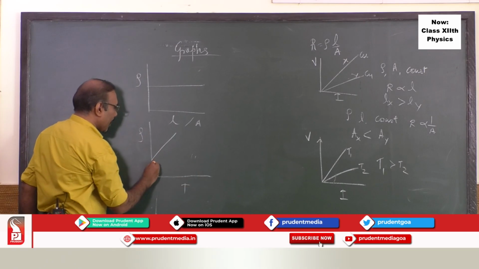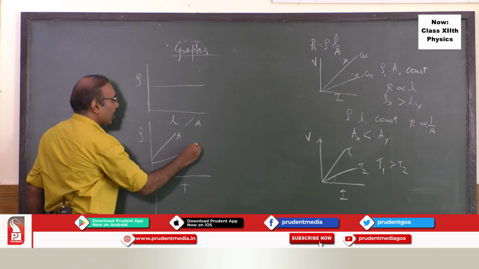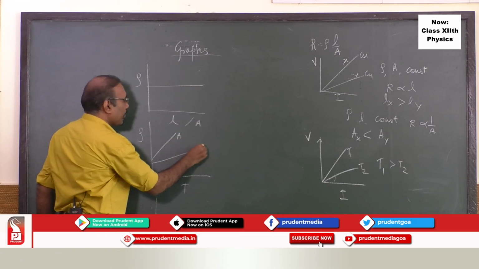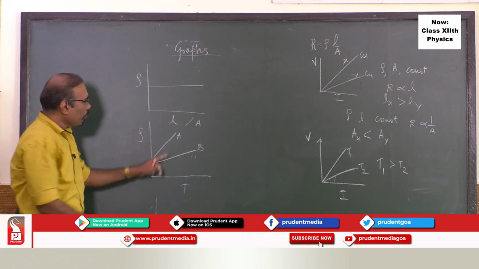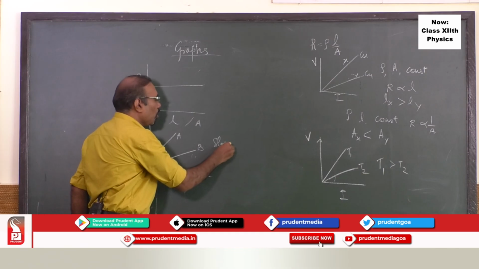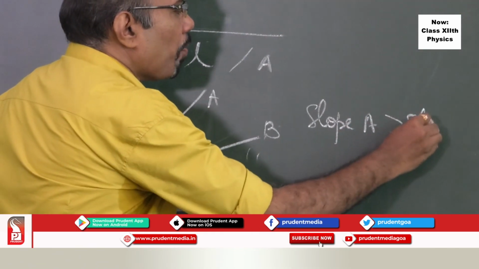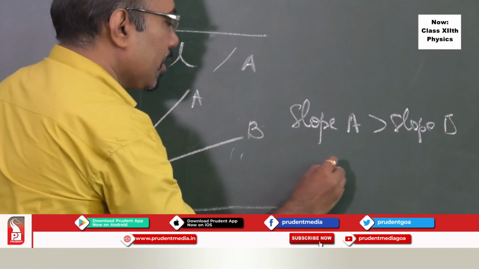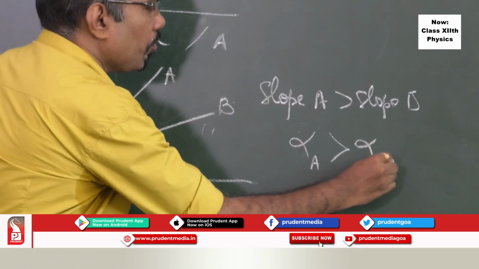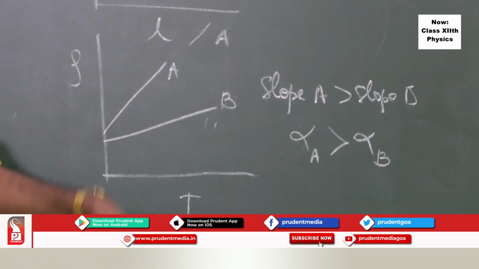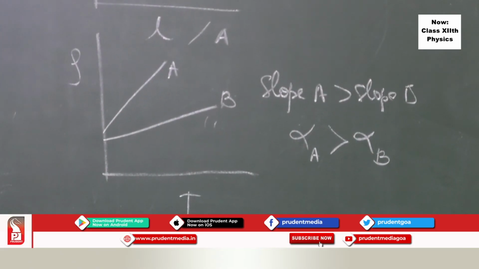Suppose we have two graphs like this. Which material has a greater temperature coefficient of resistivity? The slope of A is more than the slope of B. So the temperature coefficient of resistivity of A will be greater than that of B. So these are the various types of graphs you can understand.